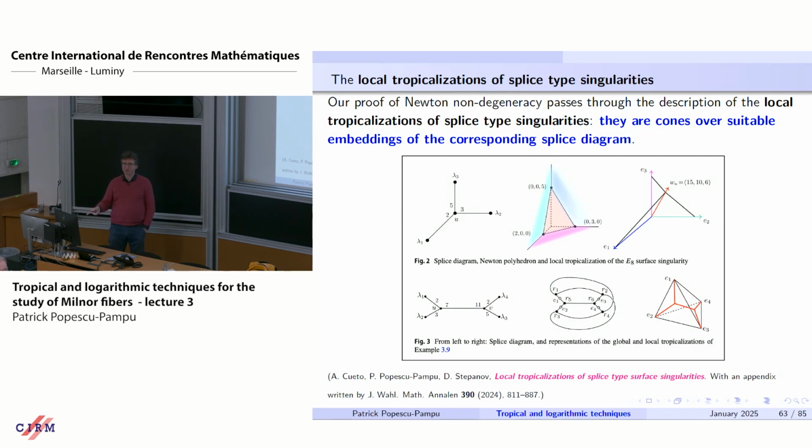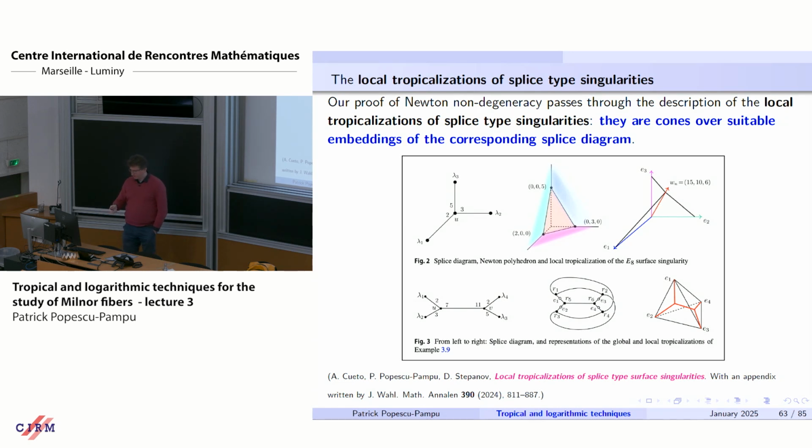So the local tropicalization of those singularities is a cone on the corresponding splice diagram. And finally, we say, well, philosophically, it could not be different. But we proved it, and we also explain how simply from the toric geometry we can reconstruct the weights, which are here. And it's not obvious. They are not the simple toric weights we have there. There is something to be understood about the weights.